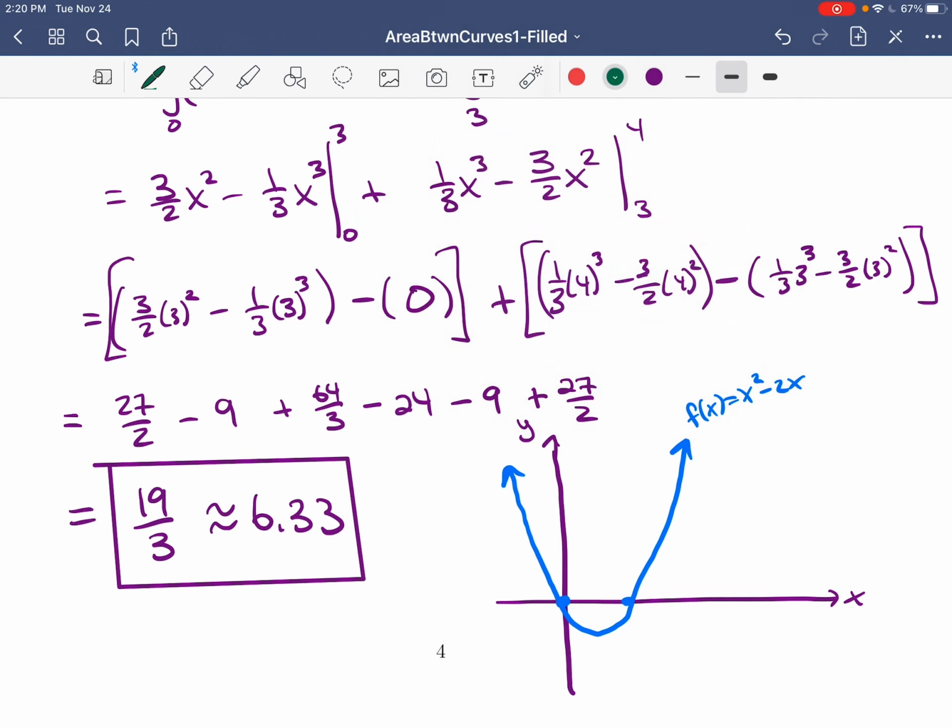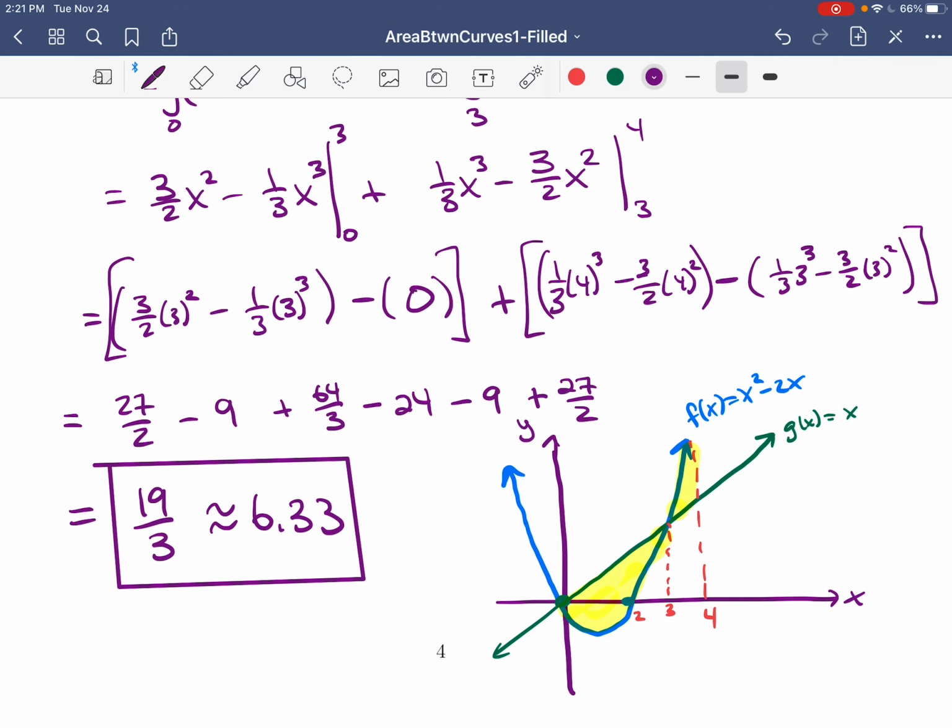And then g of x is just the line y equals x. Now this point here where they meet is at 3. This is at 2. And we want it to go to 4. So the area that we just calculated is under there, in this region here, and also this little bit over here. So that's what we calculated.